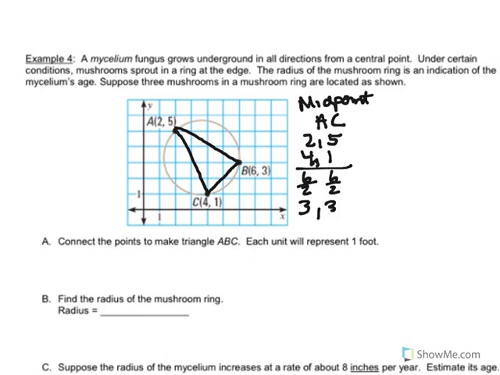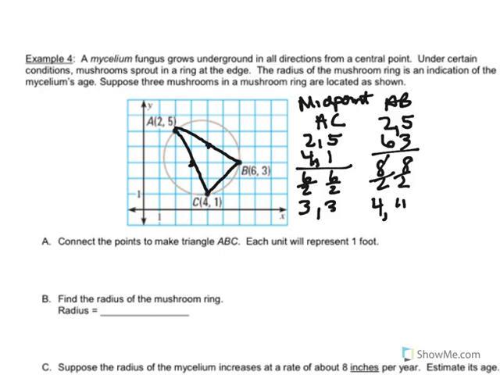So 3, 3 is right here. And then we can do the same thing for AB, which is 2, 5 and 6, 3. Add up and divide by 2. And we have 4, 4. So we go 4, 4, and it's right there.